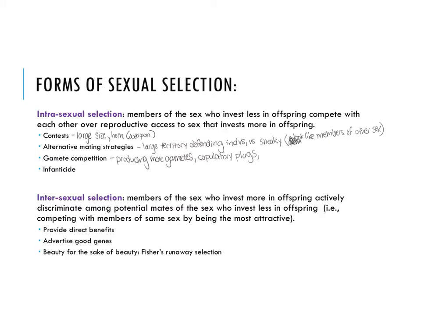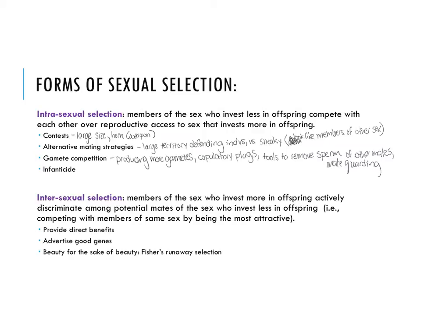Or we talked about tools to remove sperm of other males. In this case, it's usually sperm competition. Mate guarding, right? We talked about a lot of different traits that could evolve through this mechanism.